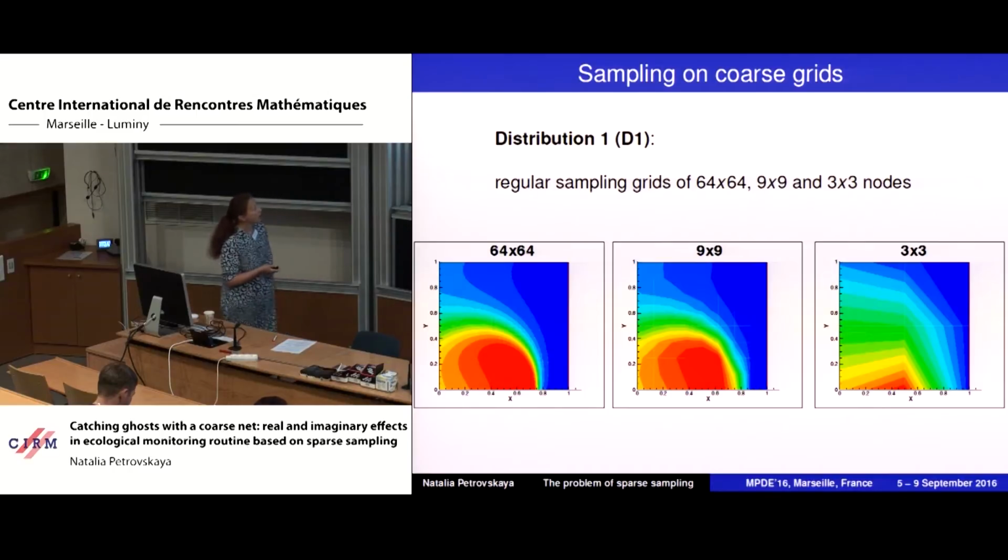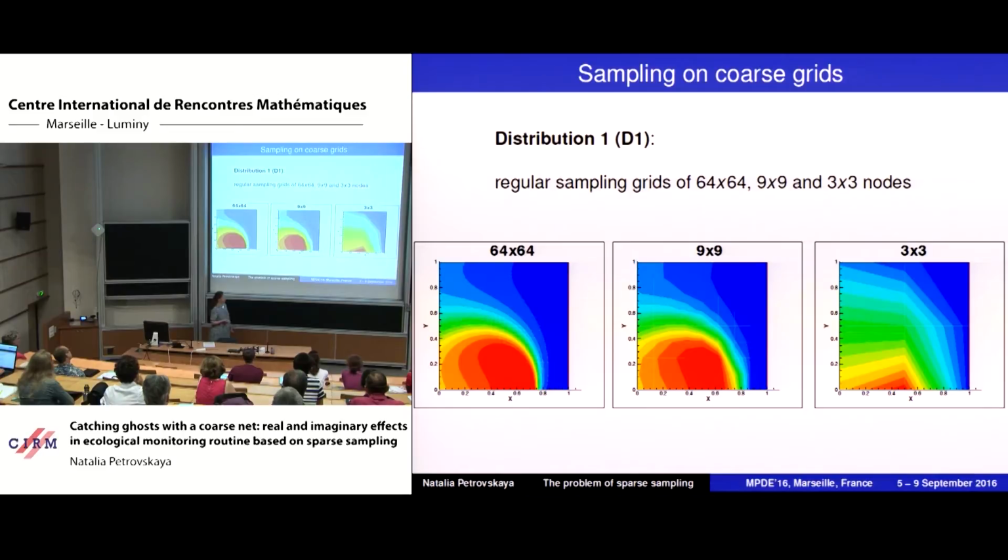Now, let us consider a realistic grid, 9 by 9, and take the values of our density function and try to reconstruct our density function given just the information at grid points over this relatively coarse grid. We can see a very similar picture, so we still can see all features of our density function.